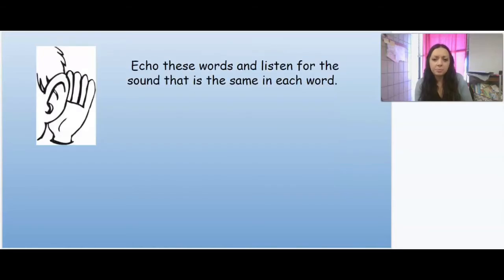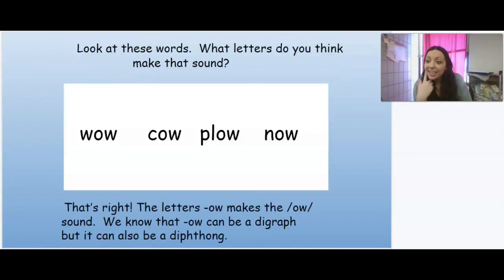Are you ready? You're going to listen to these words now and figure out what the same sound is. Wow, plow, cow, now. What sound did you hear? Ow sound again. What letters do you think make the sound in these words?